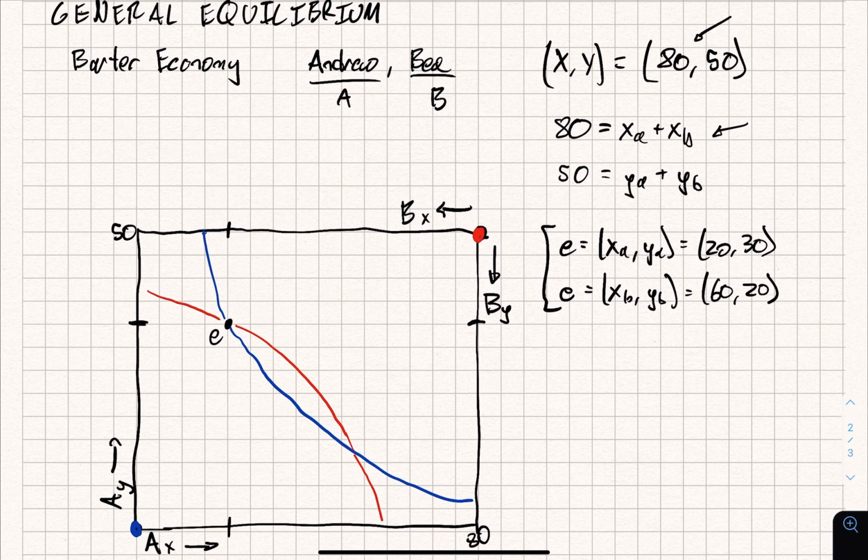So what about maybe a point out here? We'll call this E double prime. I will leave this here, E prime. So again, we can test the indifference curves. Andrew's maybe looks something like this. This is not further from the origin. It's closer. So it's not good for Andrew, even though it is good for Bea.